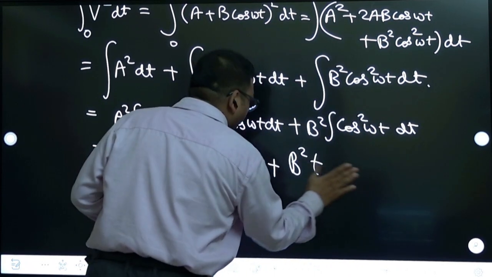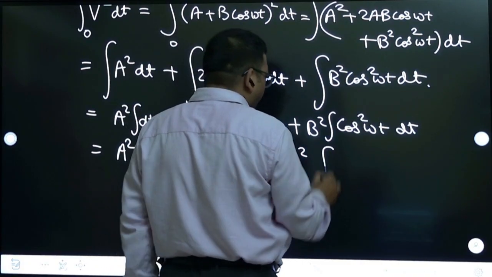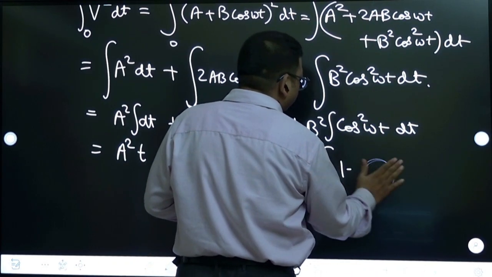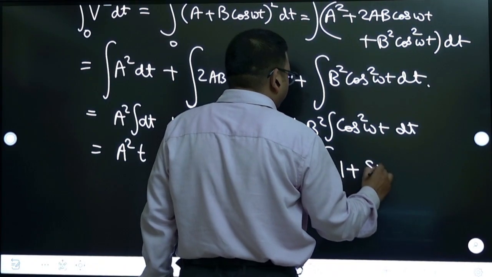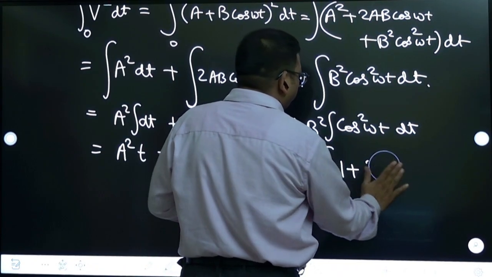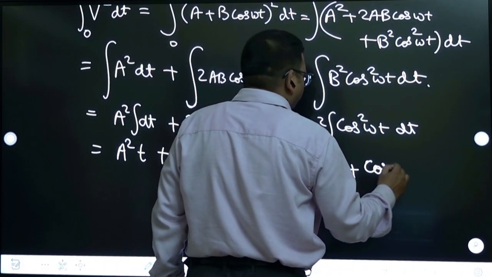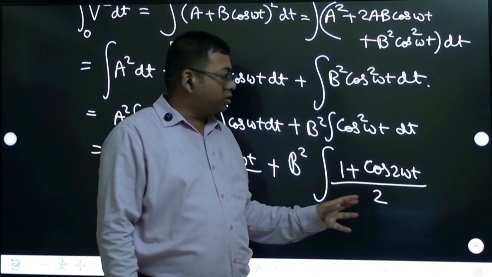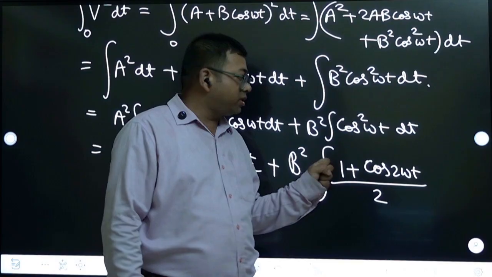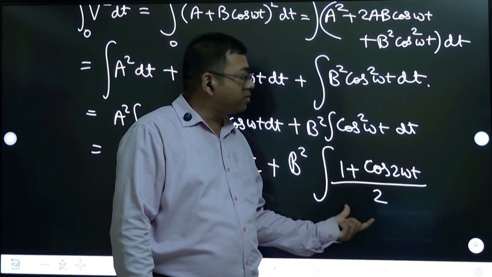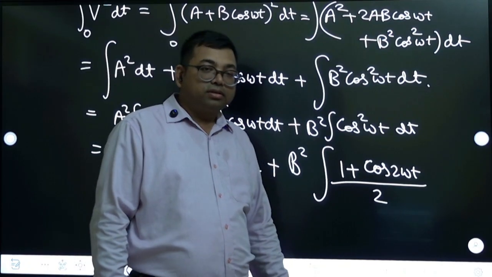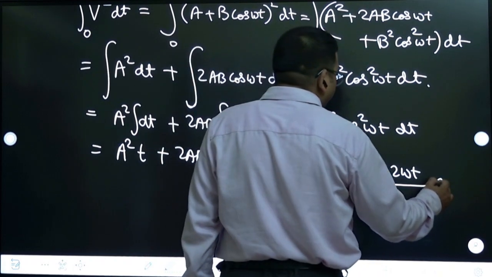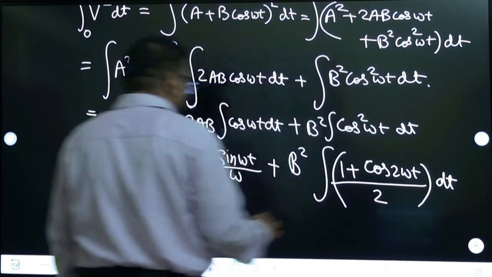Cos square we have to break. 1 plus cos 2 theta divided by 2, that is cos square theta, and 1 minus cos 2 theta divided by 2, that is sine square. This is how we will break it, dt.